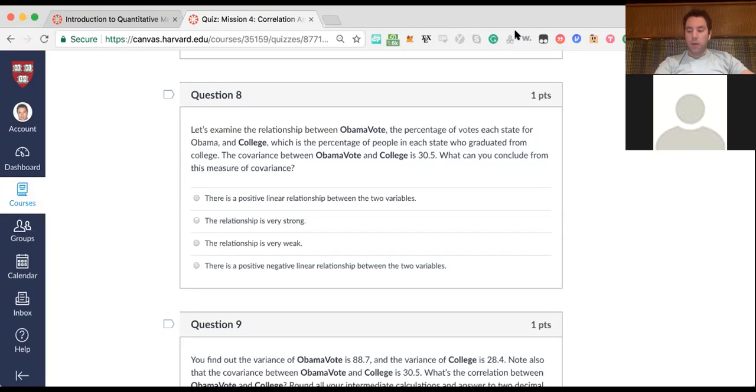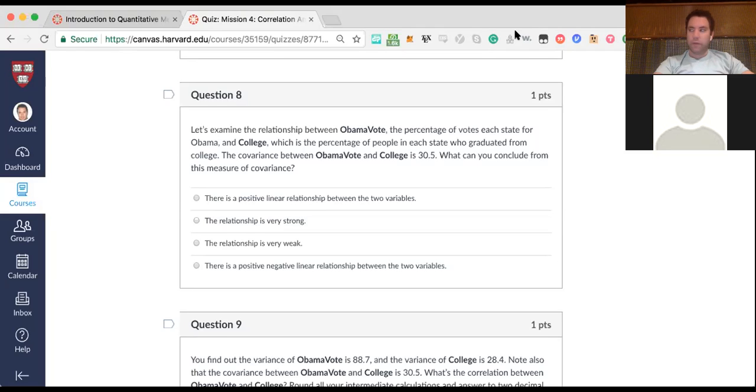Knowing that, which one of these would you pick? Knowing that covariance does not tell you about the strength of a relationship, it's not going to be the second or the third choice, because those are talking about the strength of the relationship, which you would have to look at the correlation value for.